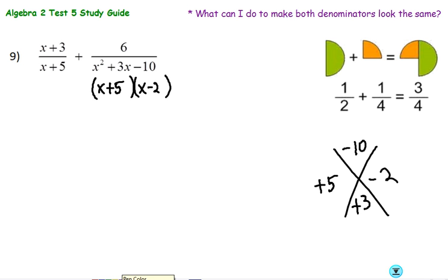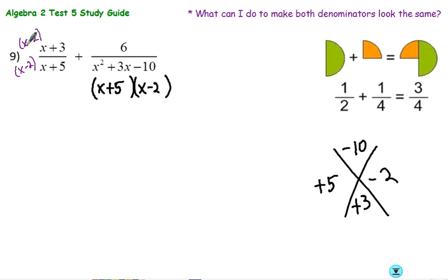So if I were to ask myself, what does the right side over here have that the left side doesn't have? Well, they both have x plus 5s. So what's this guy missing? He's missing an x minus 2. So then what I would have to do is multiply both sides by x minus 2.